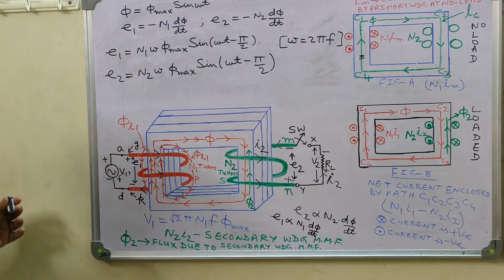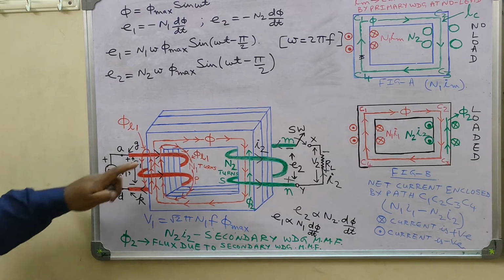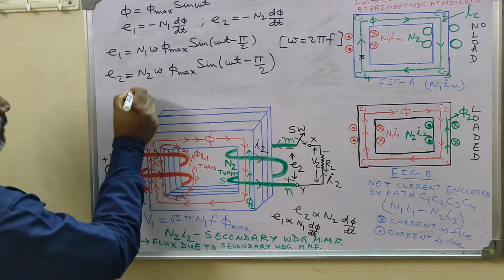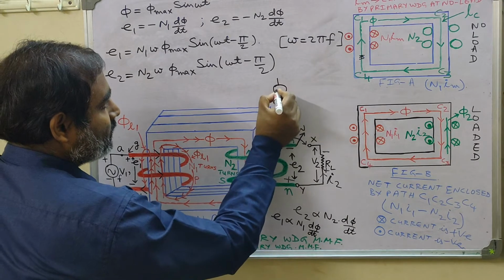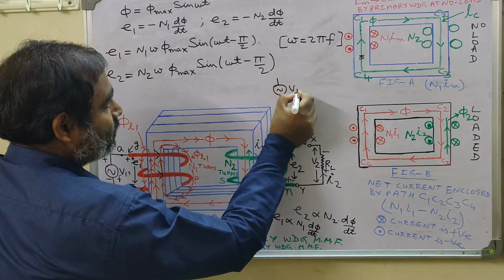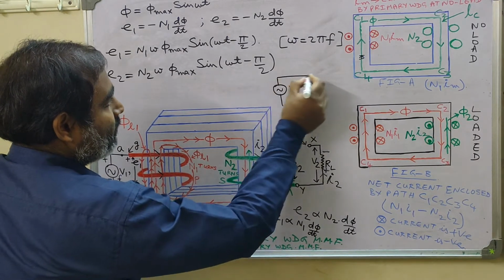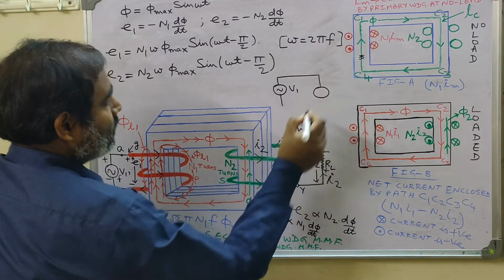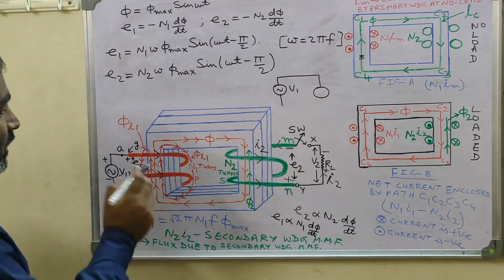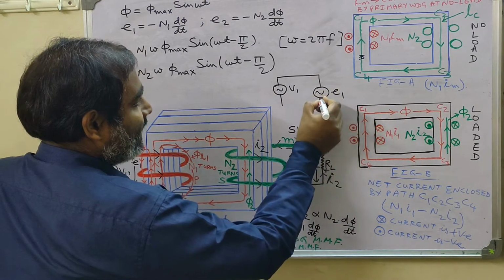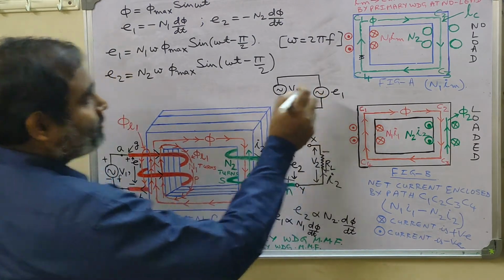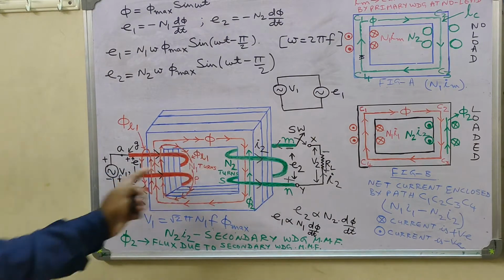So if you just consider the primary coil P, then for primary coil P we can draw this particular thing, that the applied voltage V1 and the EMF induced in the primary coil P can be represented in this particular way. That applied voltage V1 and E1 are like this.